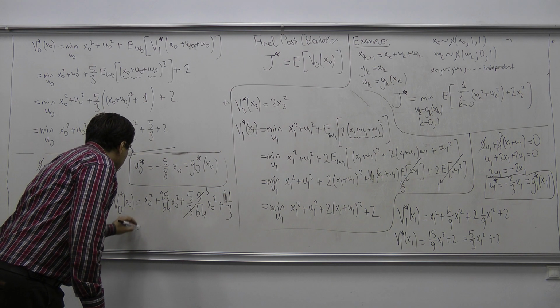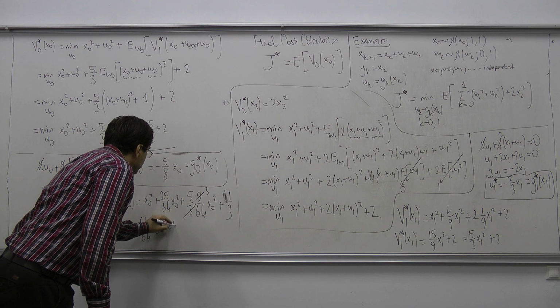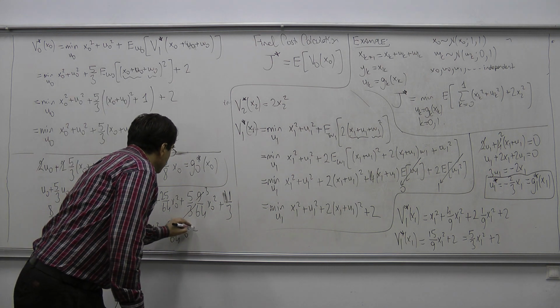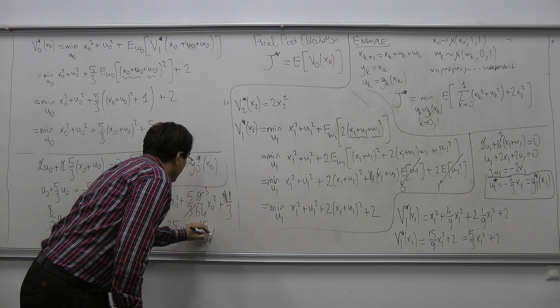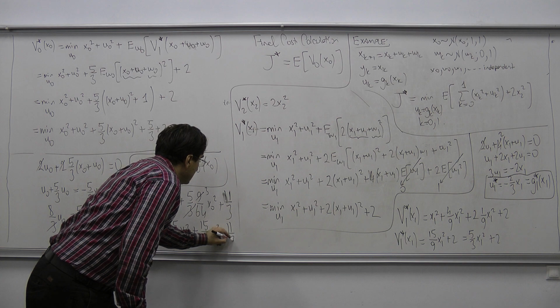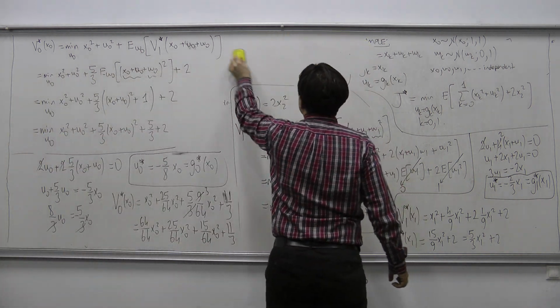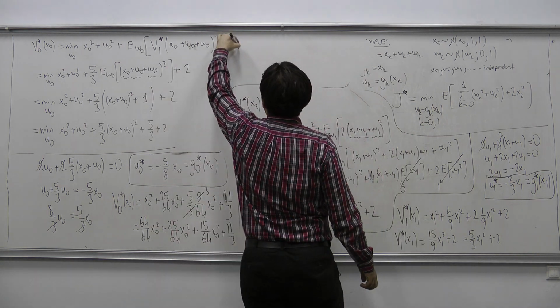So it would be 64/64 x0 square plus 25/64 x0 square plus 15/64 x0 square plus 11/3. And that would give me the solution.